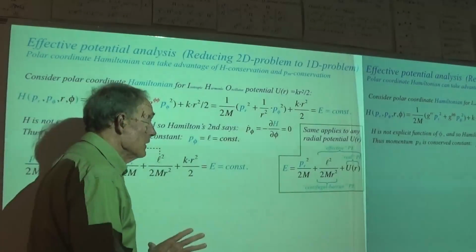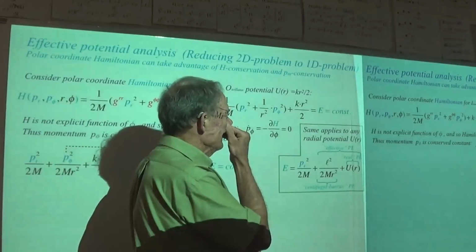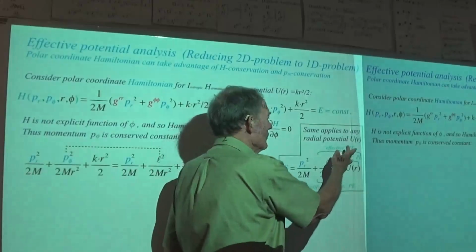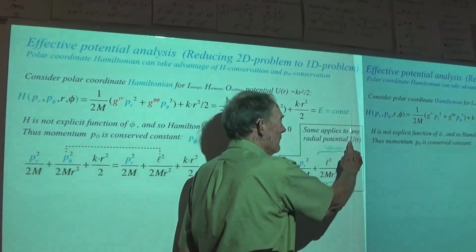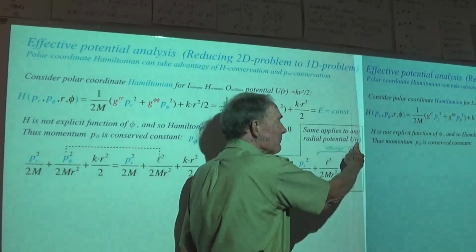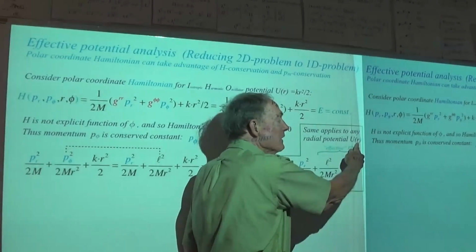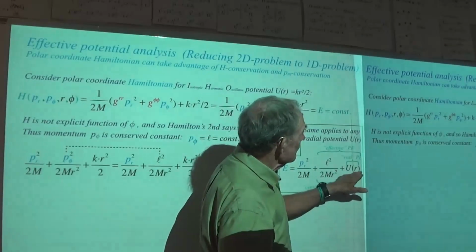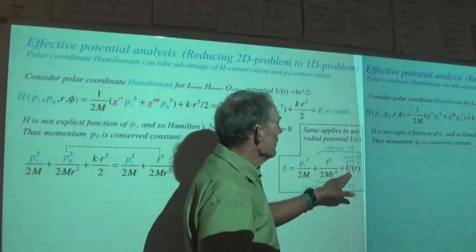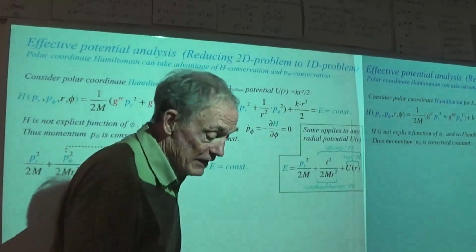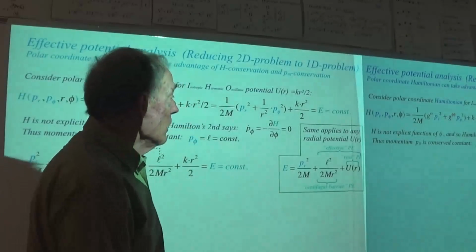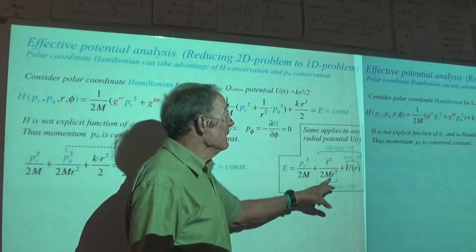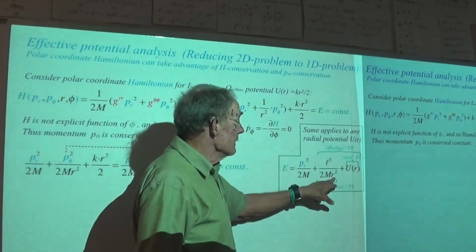Now this is true not just for the Coulomb problem of the sophomore physics Earth outside, not just for that, but for any problem that only has a radial dependence. It doesn't matter what the radial dependence is. This is going to work. You're going to be able to take the real, quote-unquote, potential and add it to something involving the angular momentum constant and maybe some more functions of r, but that's it.